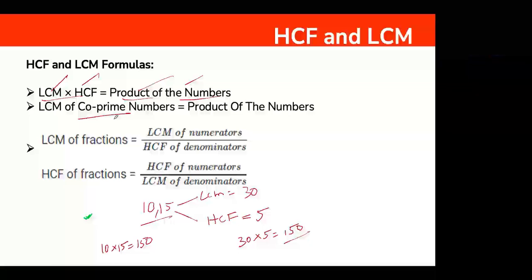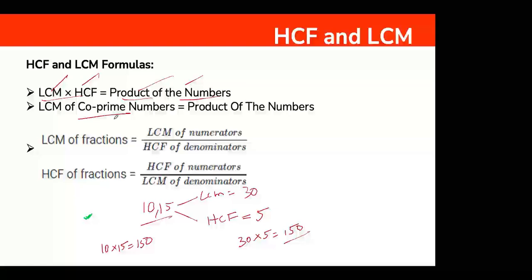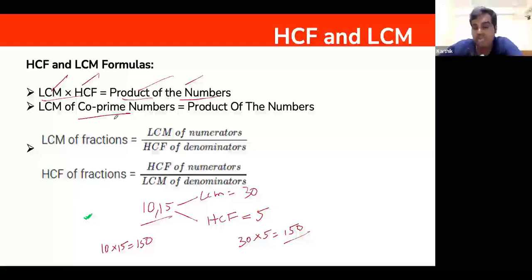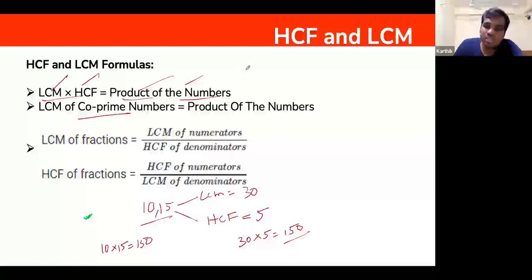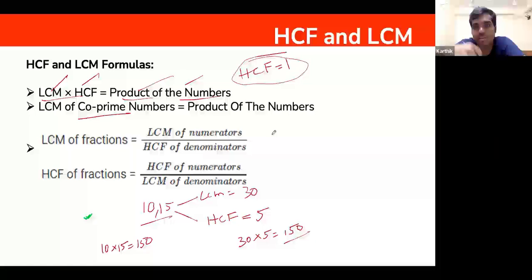Like 3 and 5, they are prime, but they're next to next prime. So when you take two numbers whose HCF is 1, they are called coprimes. HCF should be 1. Other than 1, no common factor should be there.